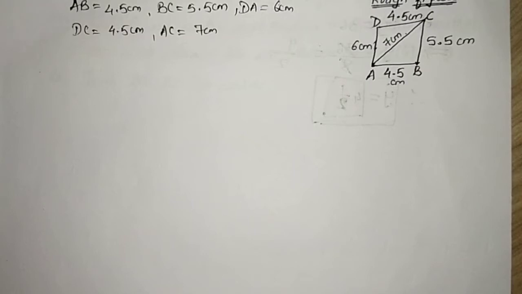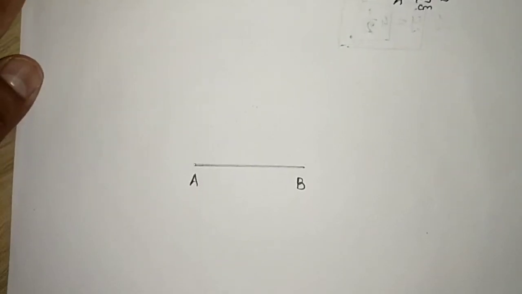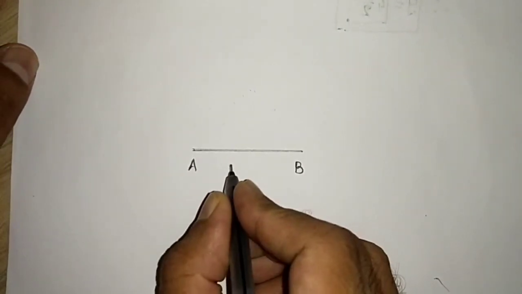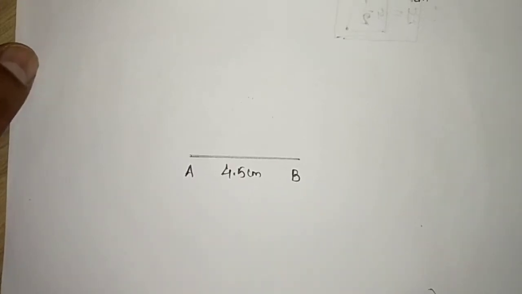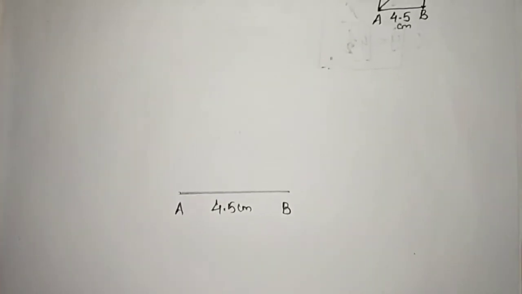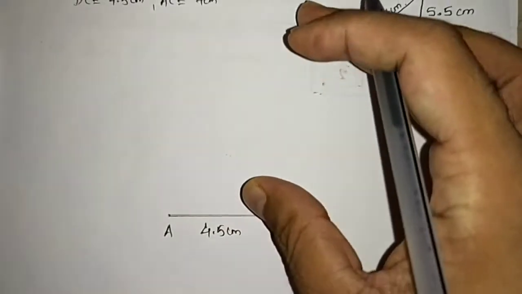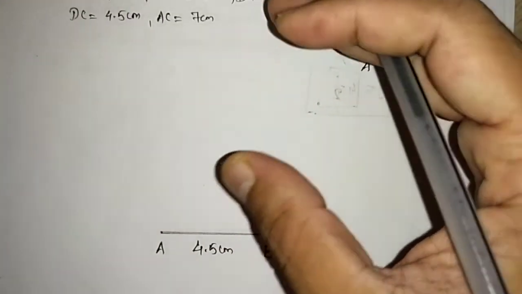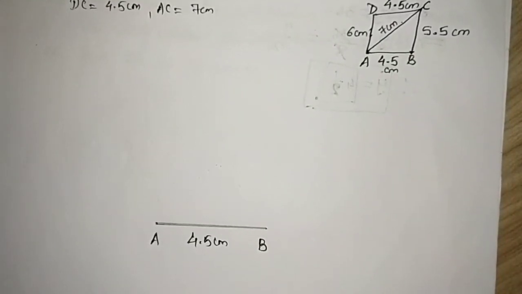I have drawn line AB which is of 4.5 centimeter, and I am writing here A and B. Now from A, please keep this much space above so that you can draw quadrilateral properly.